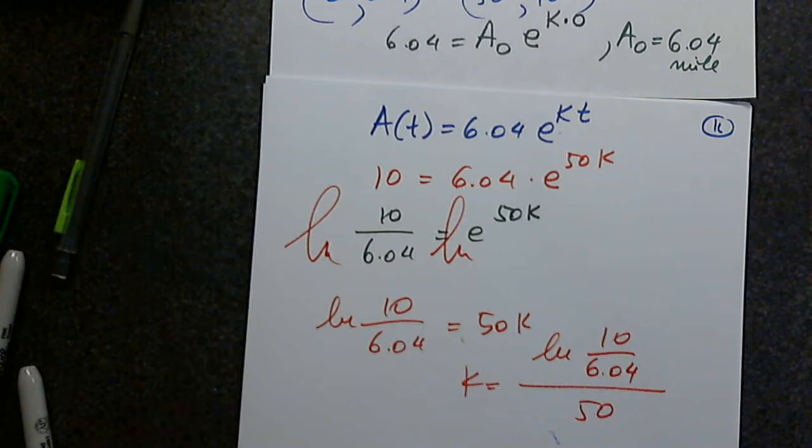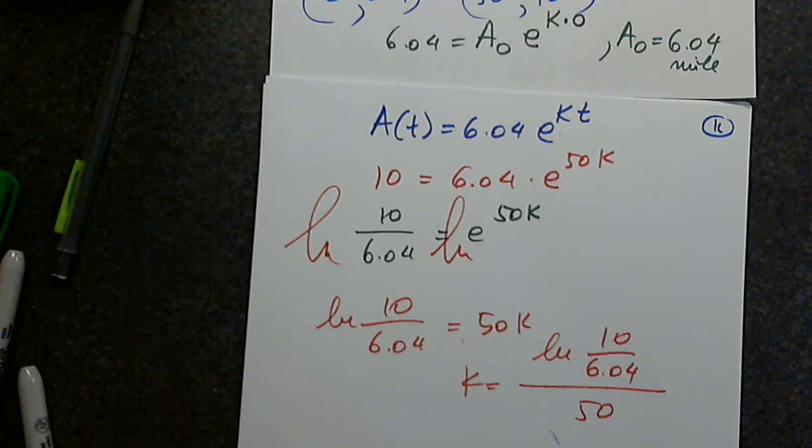This is very important now, how to plug it in. So please pay attention how to plug this in, and we have to have enough parentheses to get the correct answer. Ready? Okay. So the top is natural log, and in parentheses, 10 divided by 6.04.